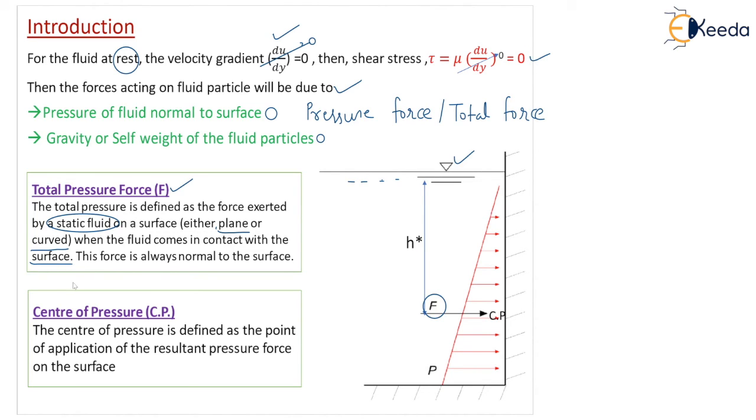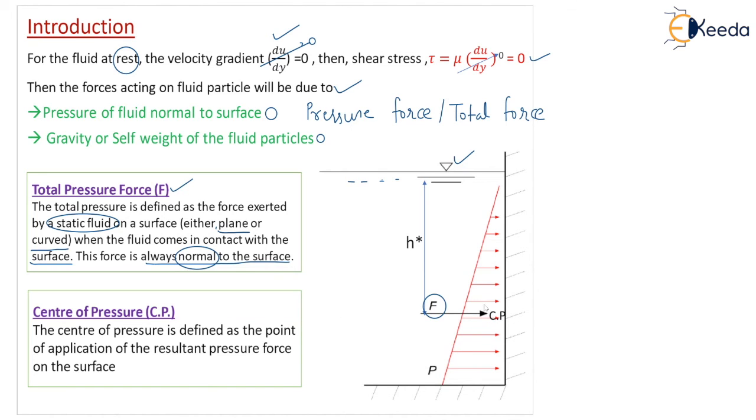That means the surface must be inside water. This force is always normal to the surface. Very, very important line. Look at this force F. This vertical line you can see is the surface, and this force is always normal to the surface.